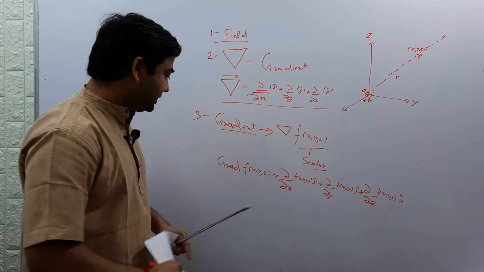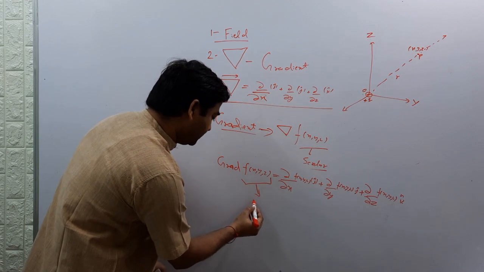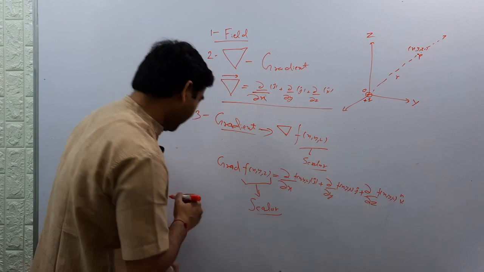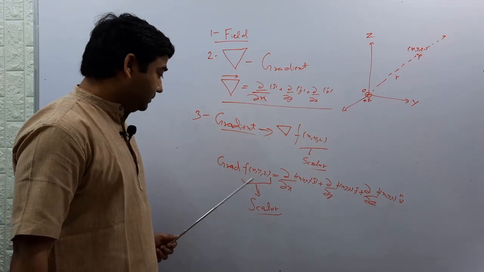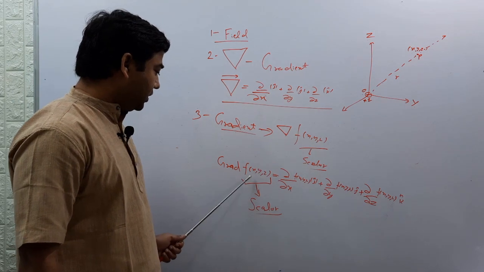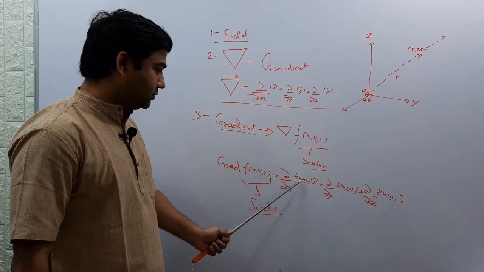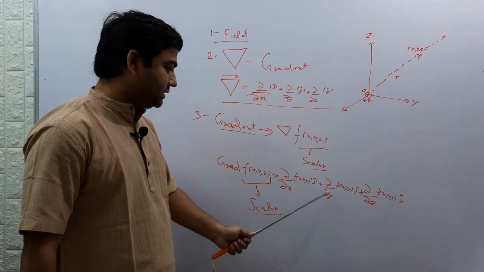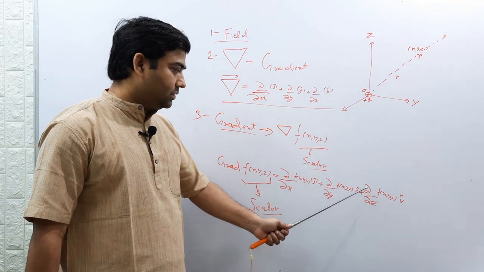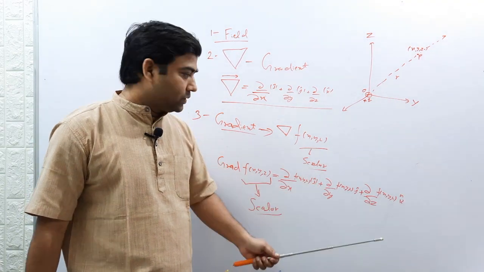Grad of a scalar function. Gradient is always found for a scalar function. Just remember it. Please, this is a scalar function. Grad of this scalar function will be the partial derivative of f with respect to x into i, partial derivative of f with respect to y into j, partial derivative of f with respect to z into k.